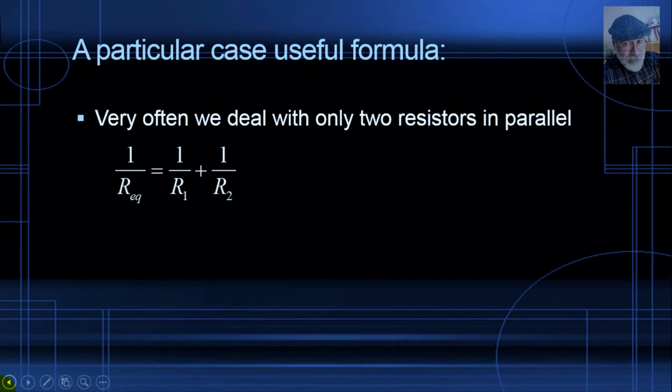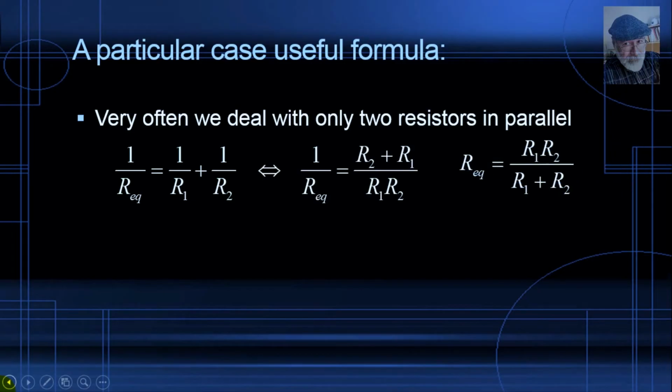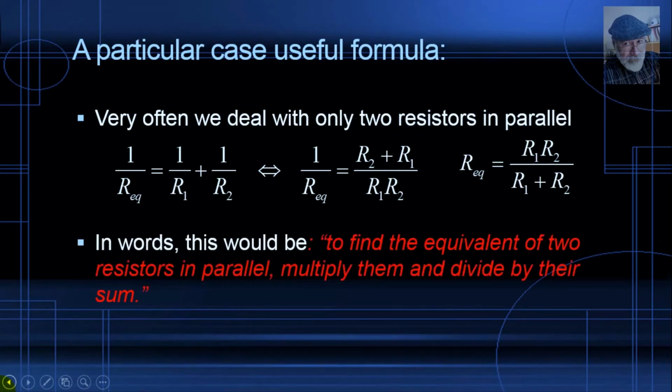However, after a little bit of math manipulation, we obtain that equivalent resistance is obtained multiplying R1 times R2 and dividing by the sum of R1 plus R2. We can memorize that with words this way. To find the equivalent of two resistors in parallel, multiply them and divide by their sum.